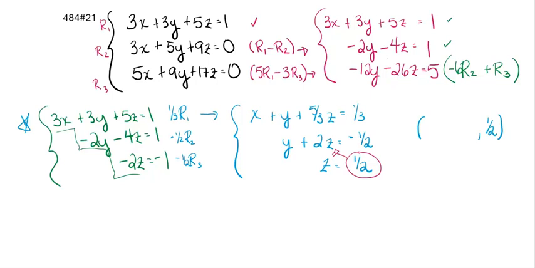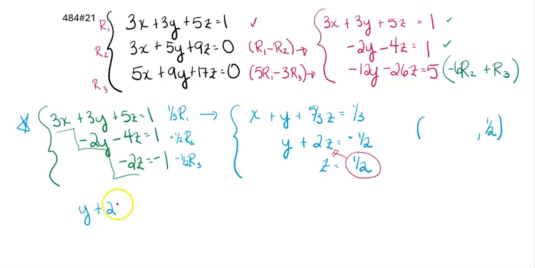So over here, I'm going to say y plus 2 times 1/2 equals negative 1/2. And when I solve that, I get y plus 2 times 1/2 is 1 equals negative 1/2. And if I subtract 1 from both sides, I get y equals negative 3/2.